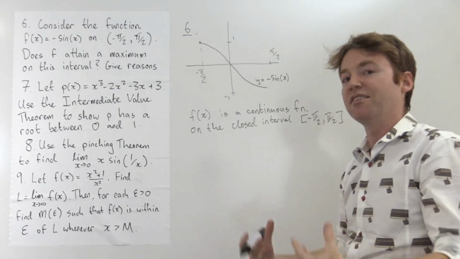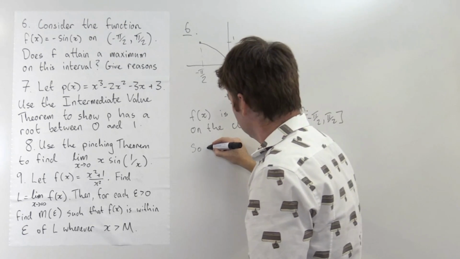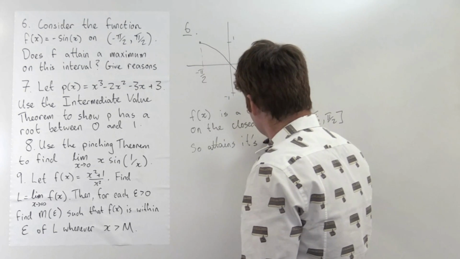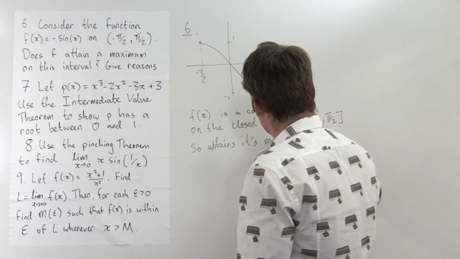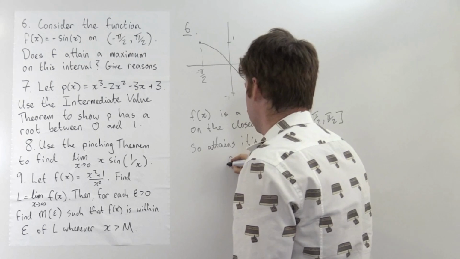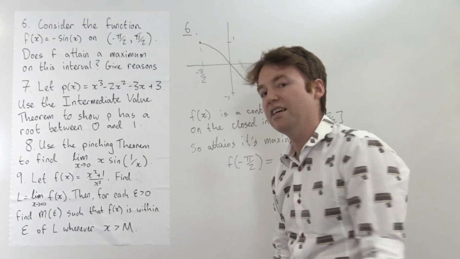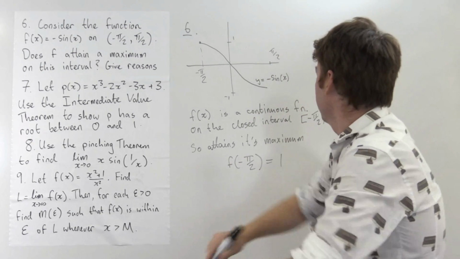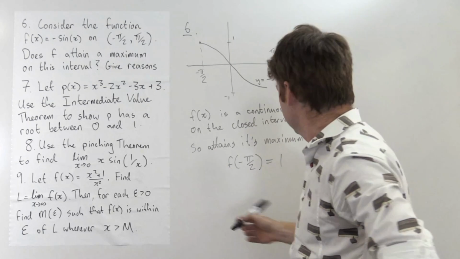So I can apply the theorem and say it must attain its maximum. In fact, that's f of negative pi upon 2, which is equal to 1. It attains its maximum, which happens to be at an endpoint, which is not a coincidence. But this endpoint's not in here.